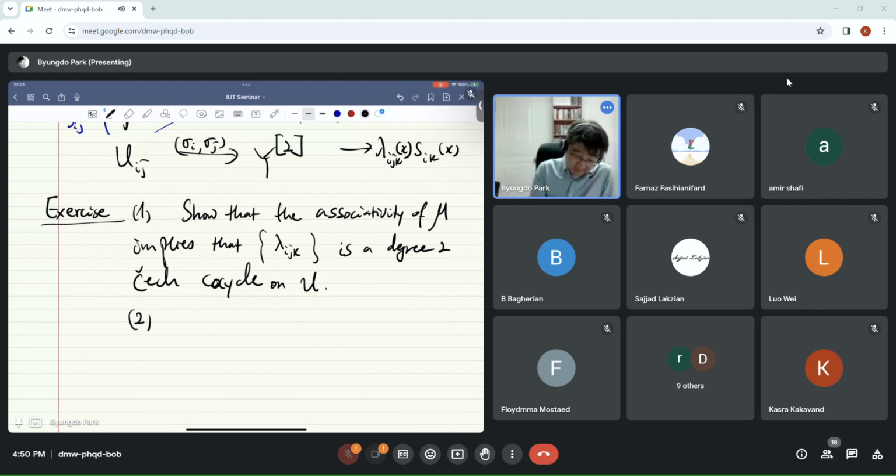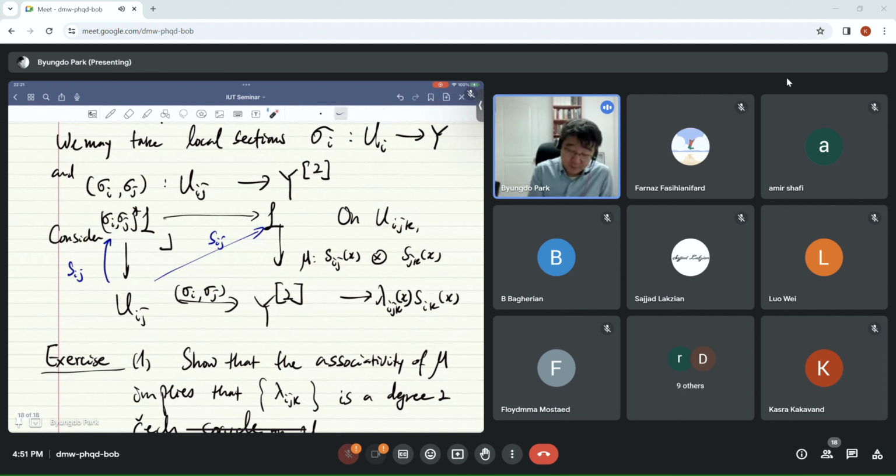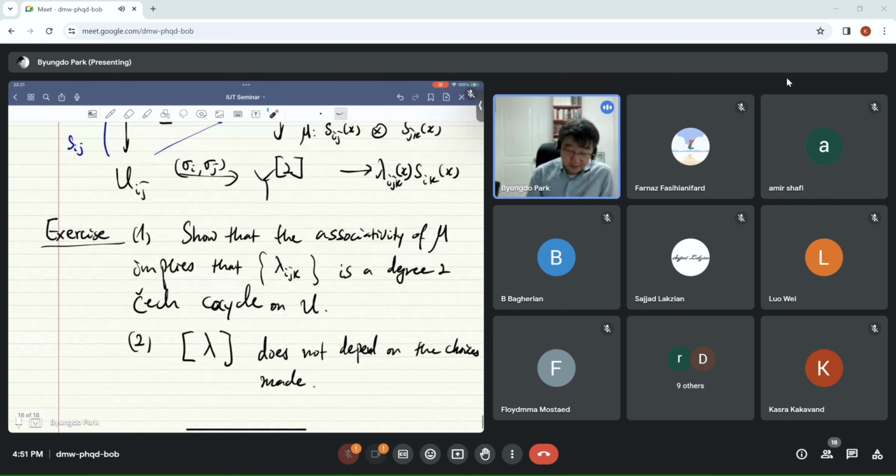And second, if you take the Čech cohomology class of this lambda, it does not depend on the choices made. Definitely you need to make some choices when you're taking this local section, and you might take a different one.